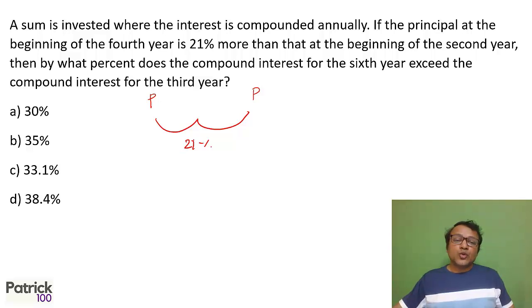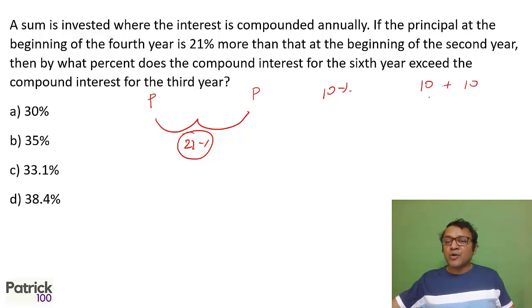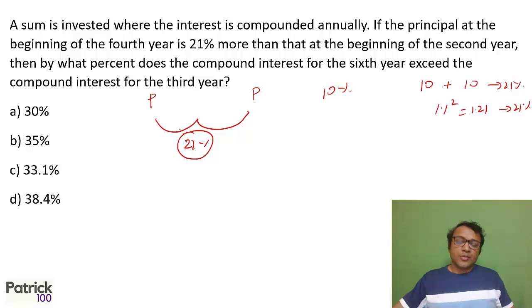So 21% means every year it will be 10%, 10%. You should know that 10 and 10 compounded over 2 years becomes 21%. You can make it out by 1.1 squared as 1.21. Which means your interest should also increase by the same 10%. Both the principal and interest increase by the same percentage.